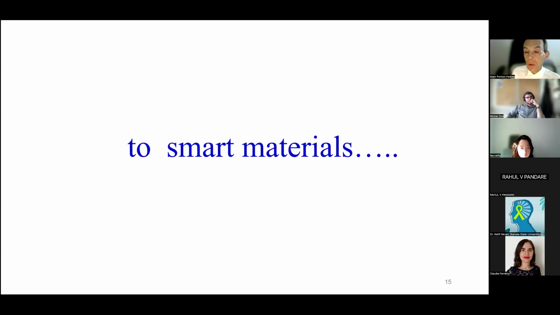From these materials, you can have materials which can respond to variation of external fields. So I will show you some examples.